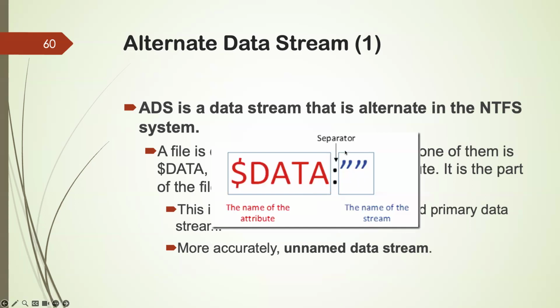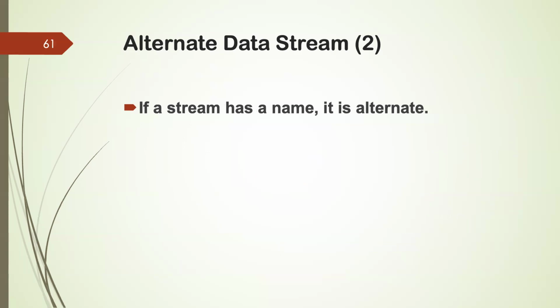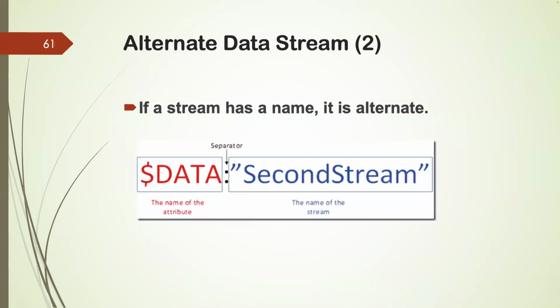To do that, you put a separator, a colon, and then write the name of the other stream that you want to create, and you can put data, say malicious data, in this hidden stream and keep it hidden from the user side forever. For alternative data streams, you have to provide the name. The default is unnamed: if you don't provide any name, it becomes the default stream.